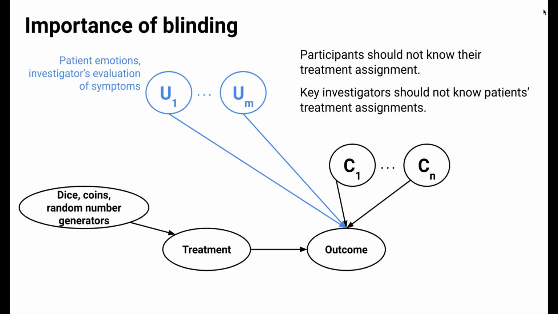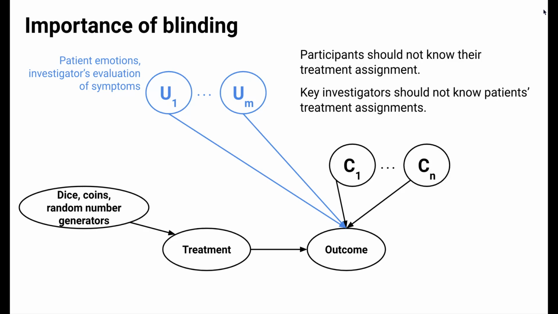Now, let's imagine a situation where blinding was not carried out effectively. A patient knows that they were not treated because they somehow found out that they received a placebo drug. That likely would make them more anxious, worsening their outcome. Conversely, a patient who knows that they received the real drug might be more at ease knowing this and have better outcomes.